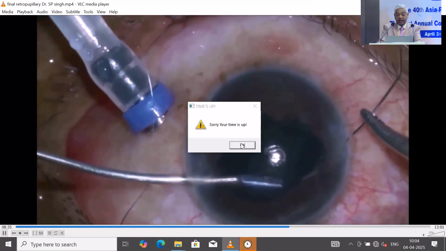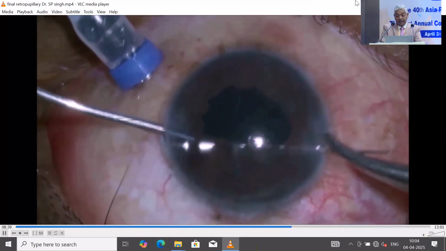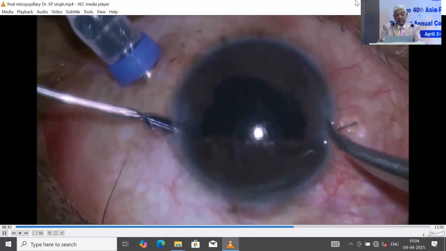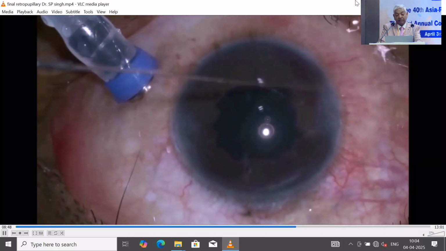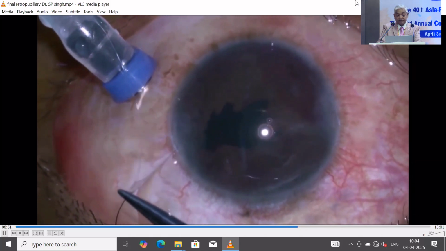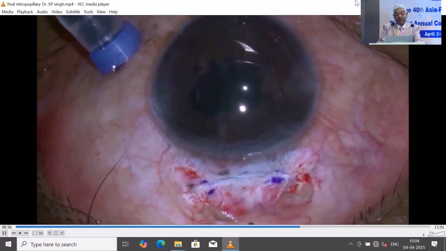Then again from another side, take another needle from a different side, pass it in multiple places, and then you can retrieve it. With both ends at one port, see how you can implant this retropupillary.